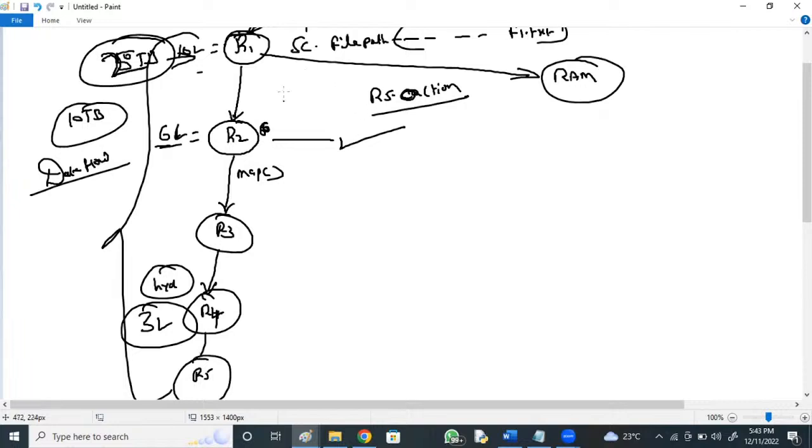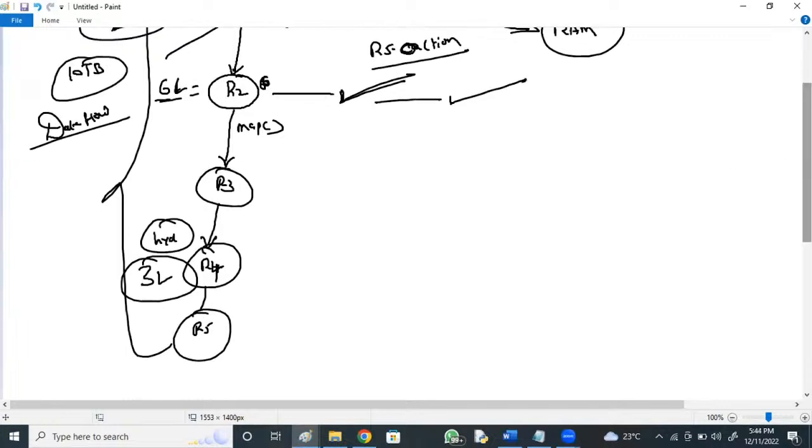When R2 is created from R1 and its computation is finished, R1 is removed from the RAM, along with its partitions. Now what is present within the RAM? R2 and its partitions are present within the RAM.